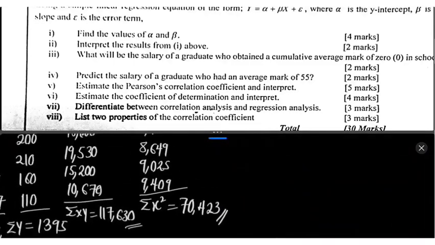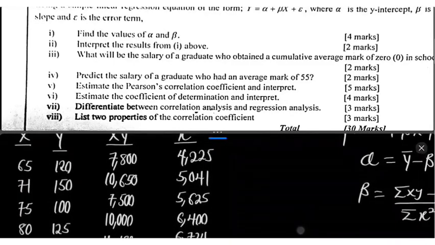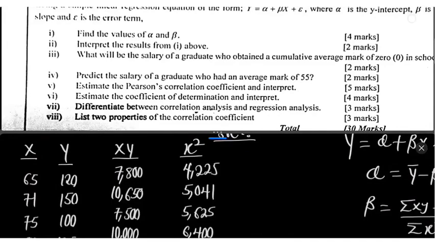So let's capture that here so that we have it for our formula. Fortunately for us, we have a column for y, so it's a matter of squaring individual values in y. We're going to do the same thing as we did for x squared. You take 120, you square it, you take 150, you square it, and you fill it in that order.